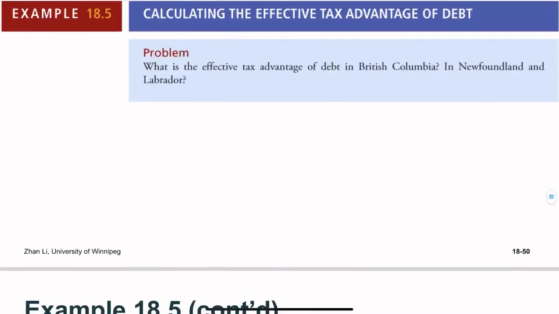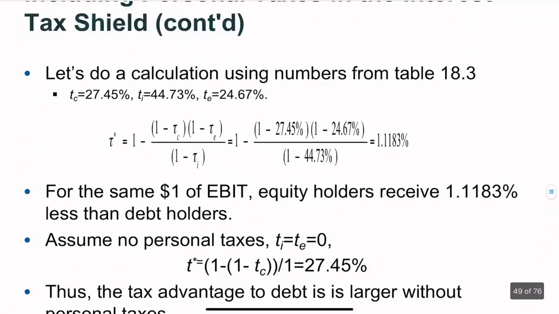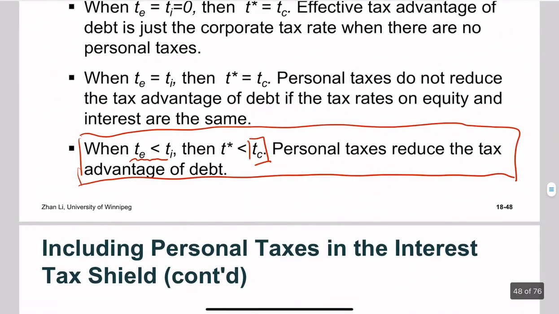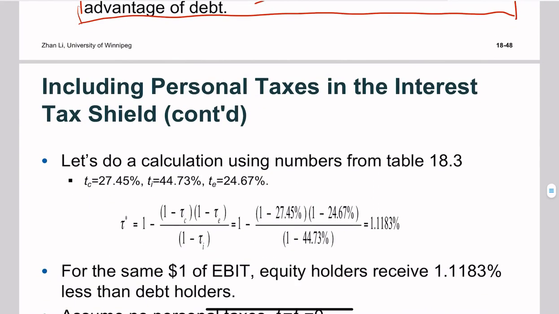Okay, so let's look at this example. This example is also about plugging numbers. Clearly, in this section, there are basically no conceptual difficulties. The requirement for these several pages is about the ability to plug in numbers to find out what is the T star.